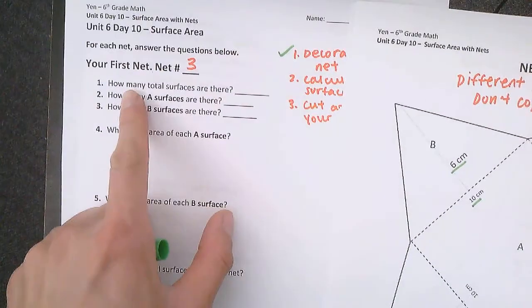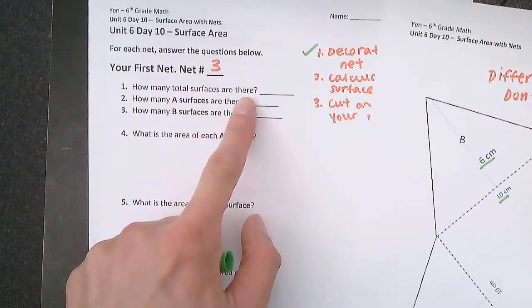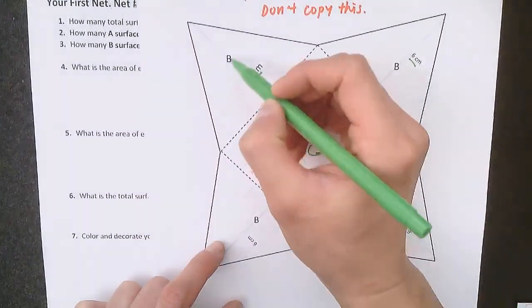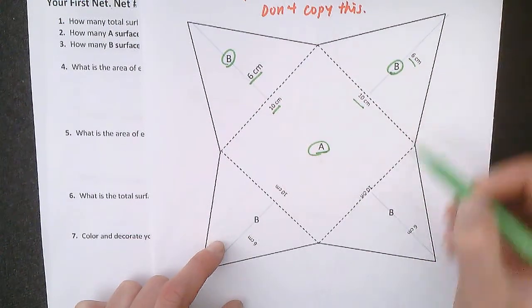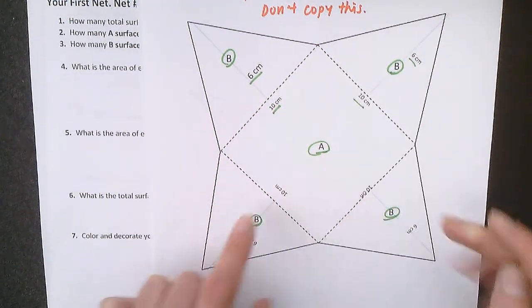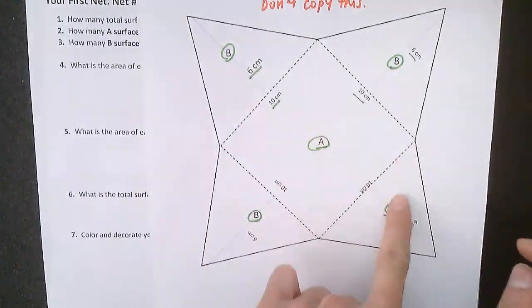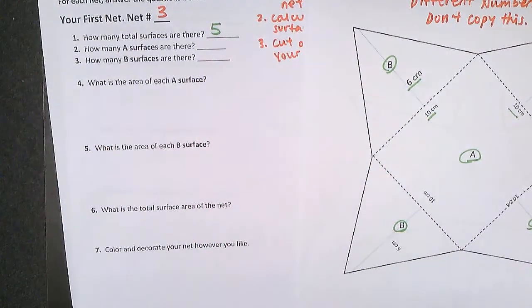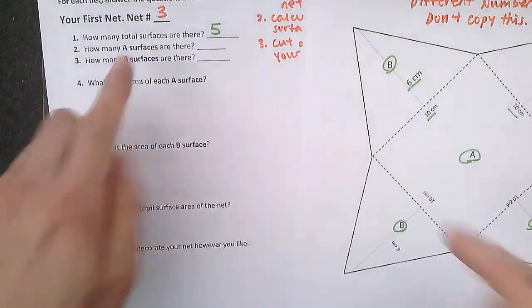Okay, so when it asks how many total surfaces are there, you go back to your shape and see, how many surfaces do I have? There's one surface here, 1, 2, 3, 4, 5. There's 5 surfaces. The next question asks, how many A surfaces are there?